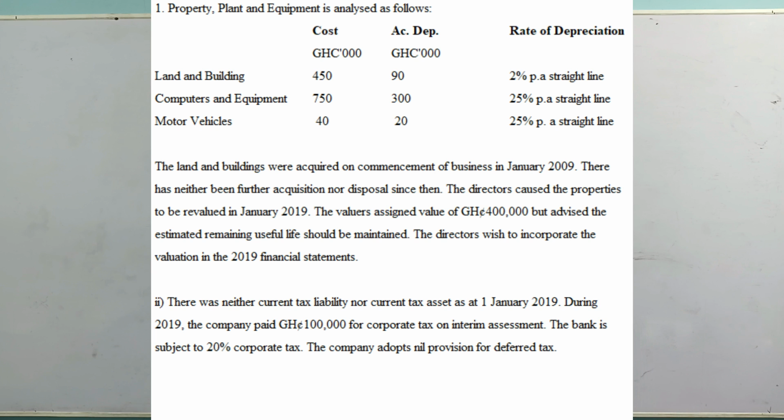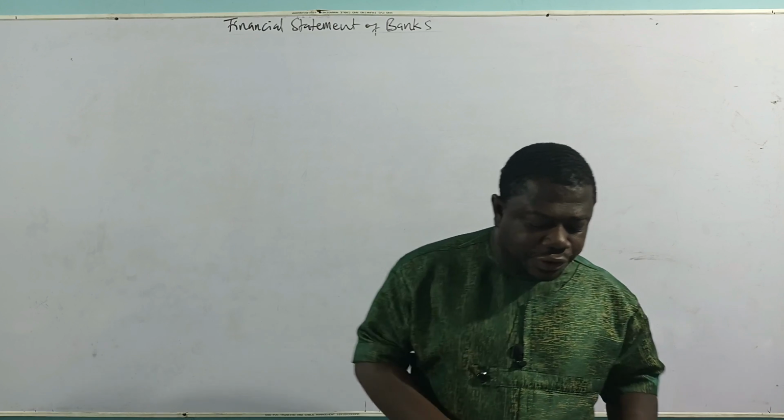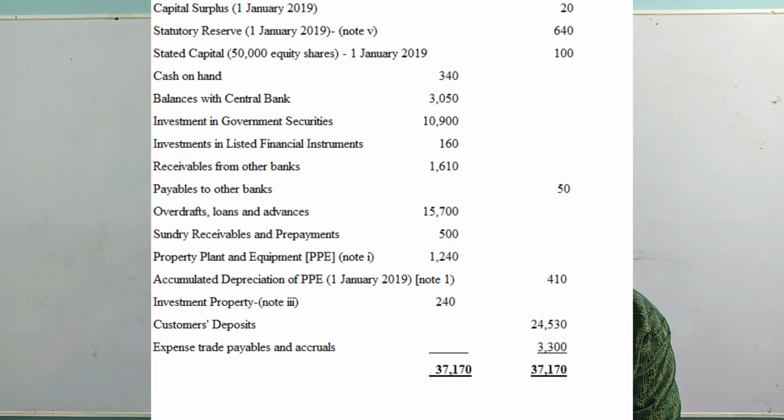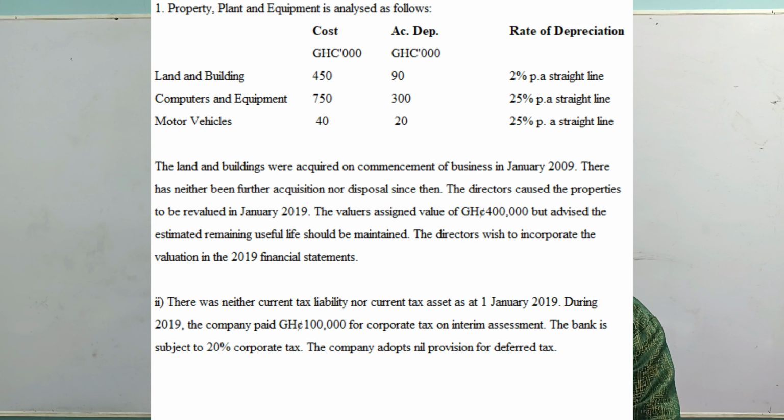So there is cost and there is accumulated depreciation column, and there is a rate of depreciation. Land and building, the cost is 450. Now, you see, let me show you something. If you go back to the trial balance, where we have property, plant, and equipment under cost, the total cost there is 1,240. Now, if you come to the additional information, there are 3 assets that make up the property, plant, and equipment.